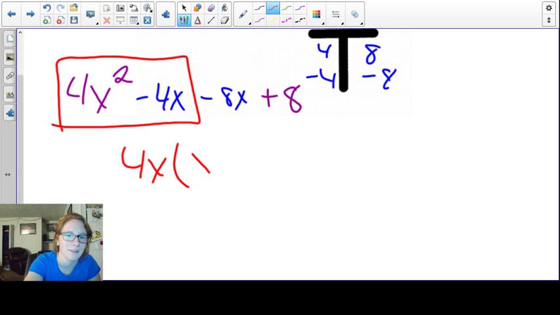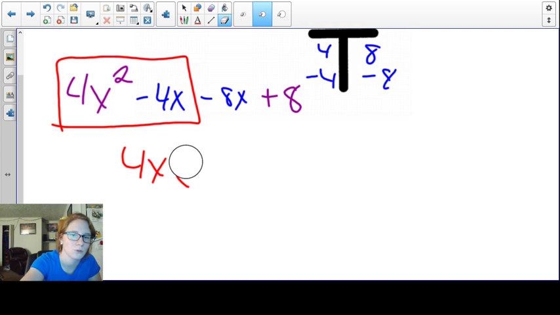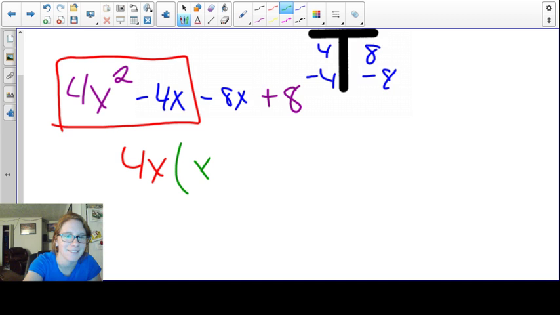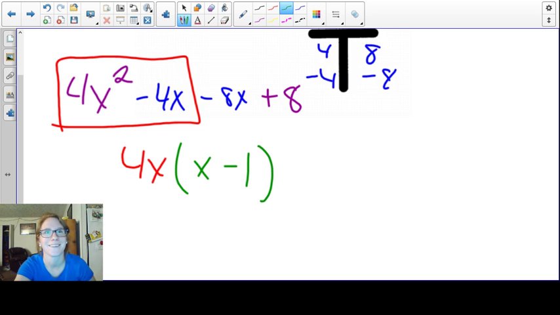What's left is x. Switch colors. Sorry. What's left is x minus 1. Oh, I cannot do multiplication today. Because negative 4x divided by 4x is just negative 1. So then I get x minus 1 again.